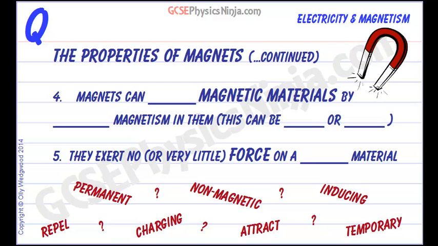This is the second flashcard about the basic properties of magnets. Now, magnets can attract magnetic materials, so we've just used that word there, by inducing magnetism in that material.